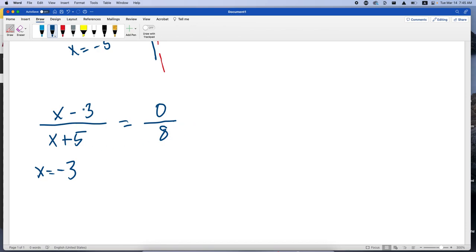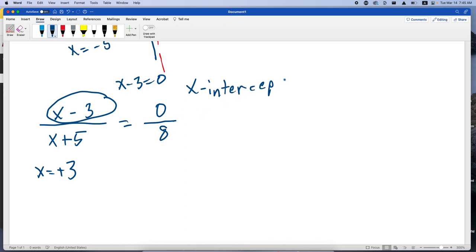So when the numerator equals 0, and again that would happen, oh wait, not at -3, at positive 3, sorry about that. X equals positive 3, I plug that in, I'm going to get 0, right? And then I'll get 8 down here. That's going to give us an x-intercept, because we plug in positive 3, we get a y value of 0.